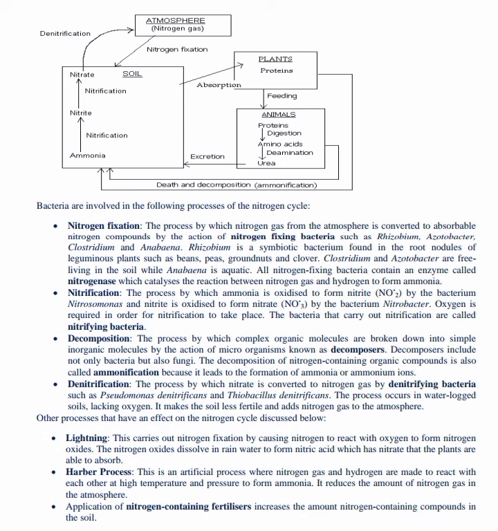And then we also have the application of nitrogen containing fertilizers, which increases the amount of nitrogen containing compounds in the soil, okay, making your land more fertile. When you have a more fertile land, it means that you are going to get more yields. You are going to get a lot of your maize, a lot of your sorghum, depending on what you have planted.